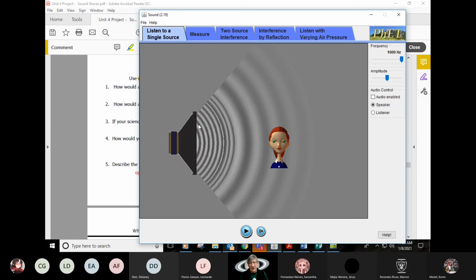Here I have a high frequency. But what do I have for the size of the waves? What is the distance in centimeters between one dark line and another? Isn't this a lot less than this is? So what do we see?